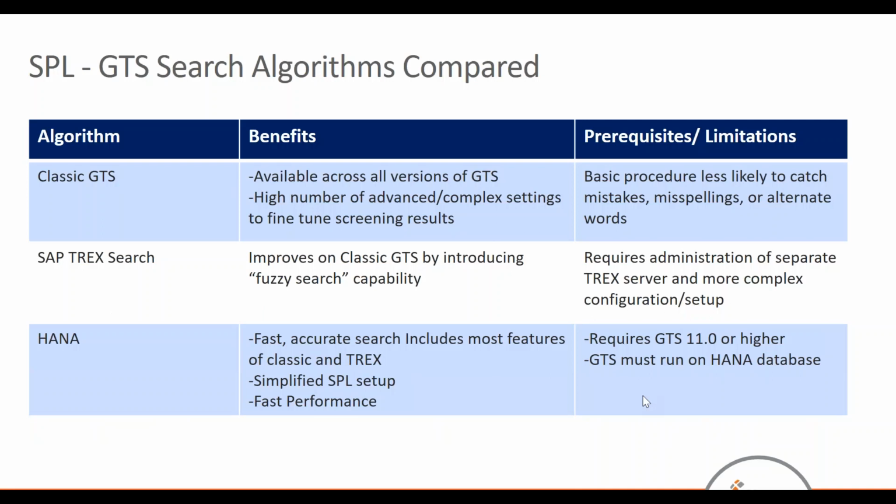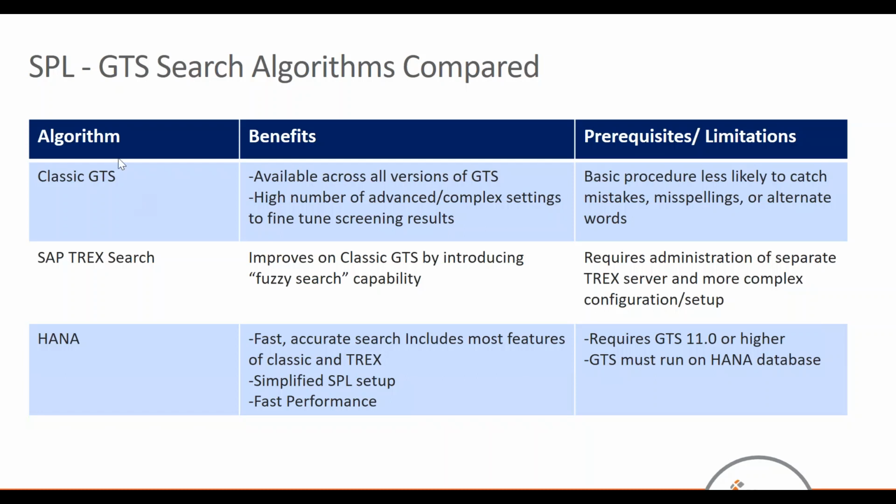On the next slide, there are various search algorithms which were available from the initial releases. From the very first release, we had the classic search algorithm, and it was refined over time.